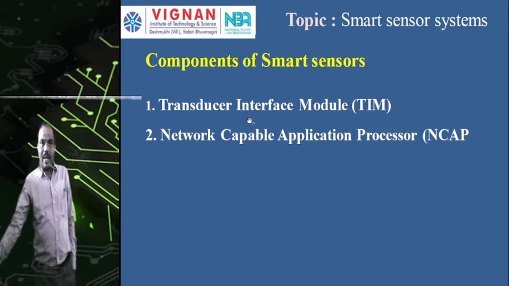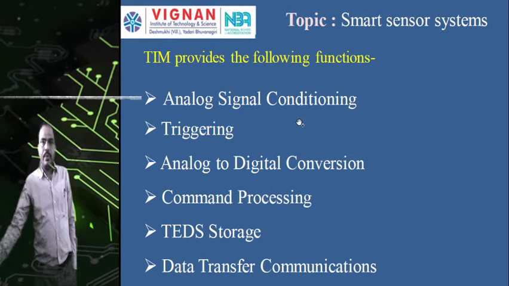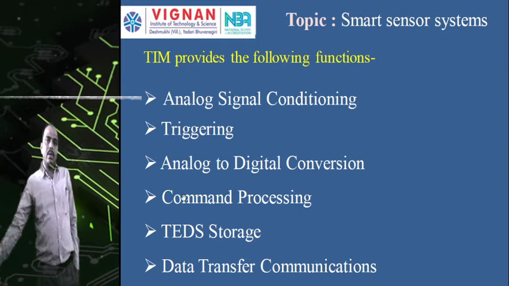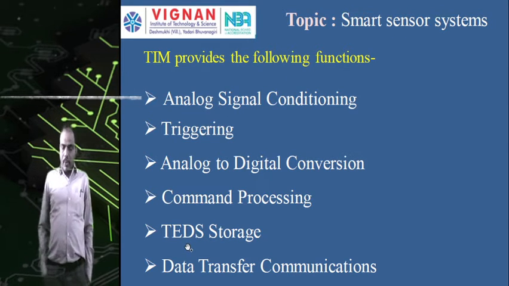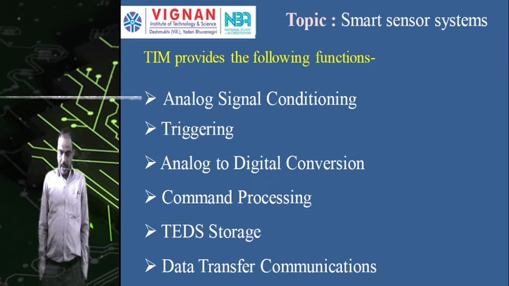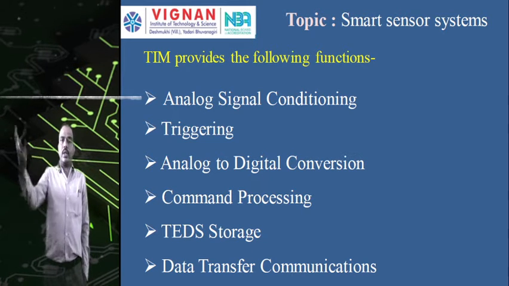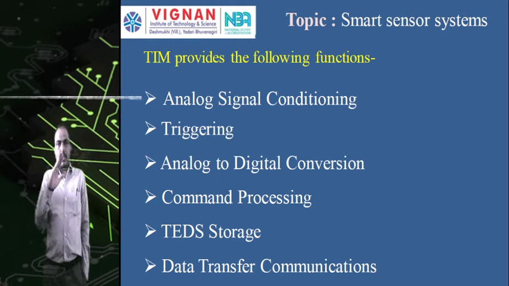So this transducer interface module provides these functions. It provides signal conditioning. For example, if the temperature output is in the form of an analog voltage signal, maybe in millivolts, it may not be sufficient to drive the output, so we have to provide some signal conditioning. That may include some filtering, some modulation, and triggering to turn on this particular device.